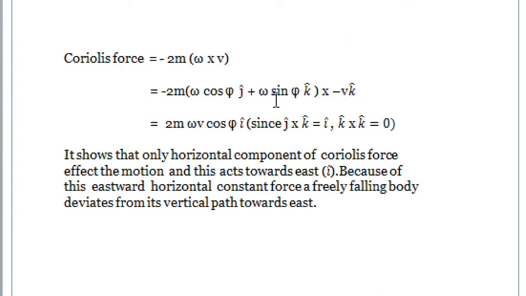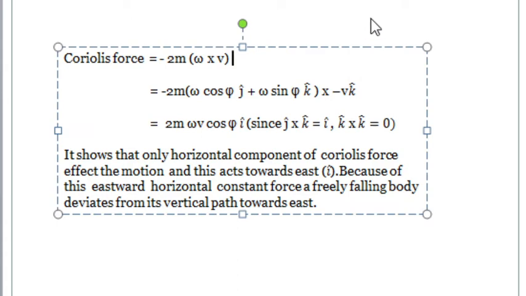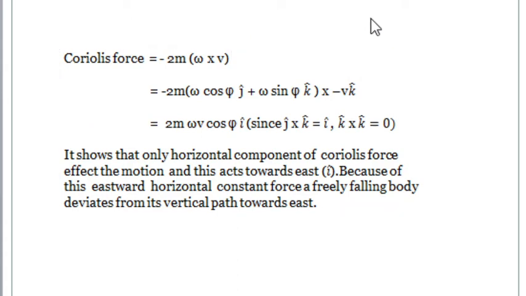To open this bracket, we have to take the cross product. So, here we have j cap and k cap. J cap cross k cap is I cap. At the same time, j cap cross j cap is 0. Similarly, k cross k is 0 and I cross I is also 0.